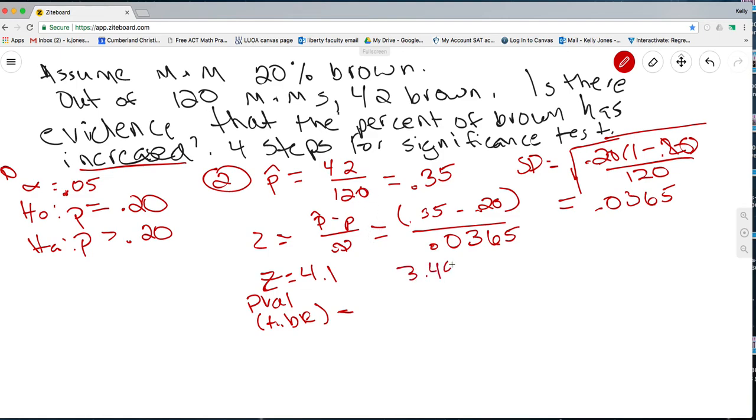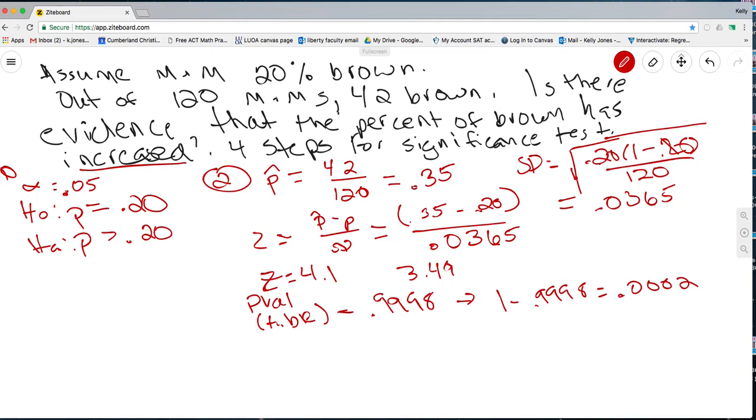So I'm going to use 3.49's p-value on there because there is no p-value bigger than 4.1. And that value for 3.49 is 0.9998. Okay? It is greater than that I want, not less than. So I have to actually do 1 minus 0.9998, and that gives us 0.0002.